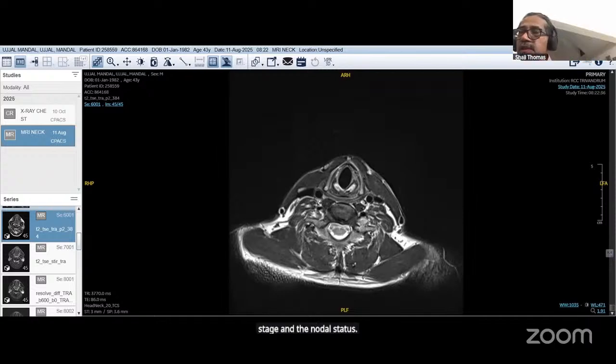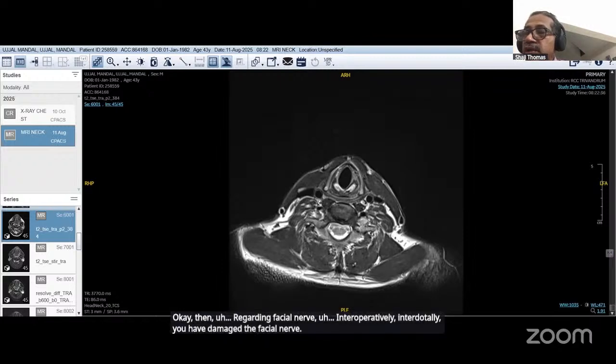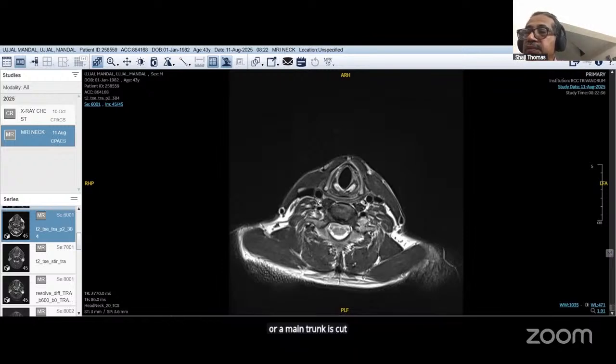Okay, then regarding the facial nerve, intraoperatively, inadvertently you have damaged the facial nerve or the main trunk is cut, then what are the options?